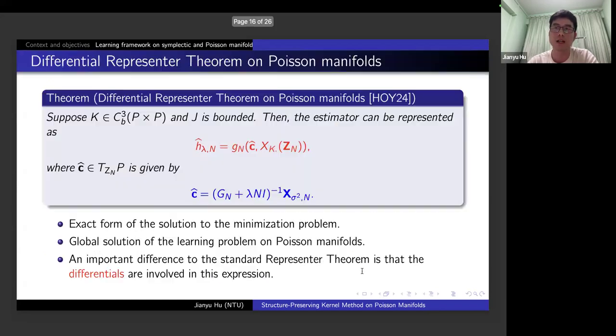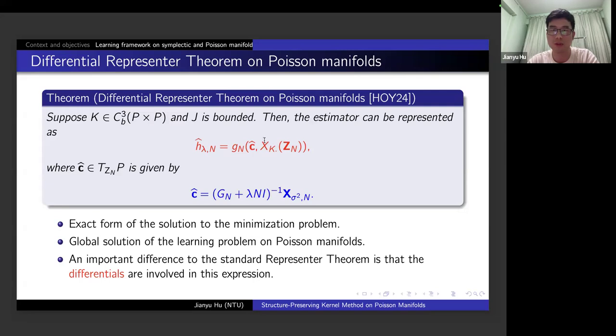Okay, then we are able to obtain the differential representer theorem on Poisson manifolds. In this theorem, we obtain an exact form of the solution to the minimization problem. Moreover, this solution is global on general Poisson manifolds.